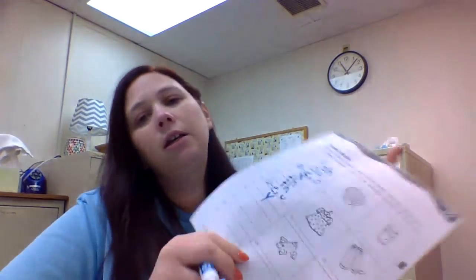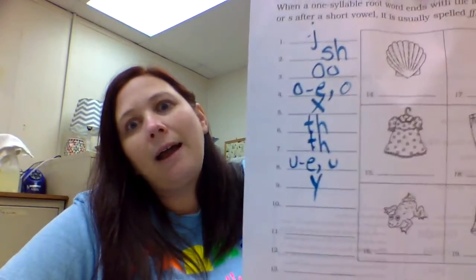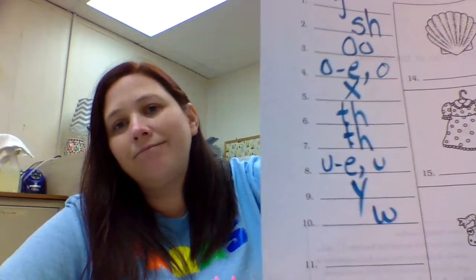Same letters, different sound. Next, we have U. You can make U by a U, consonant, E, or comma, just a U. And number 9 is Y. And that's a Y. And number 10, W. That's just one letter that can make that W sound. It's a W. Great job.